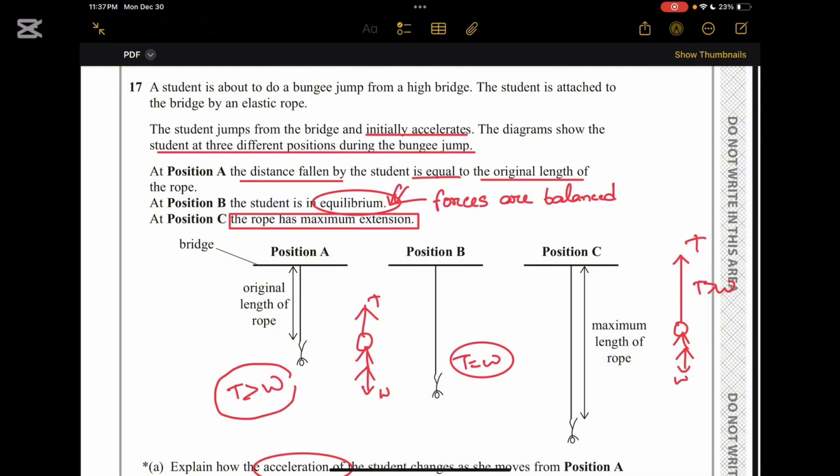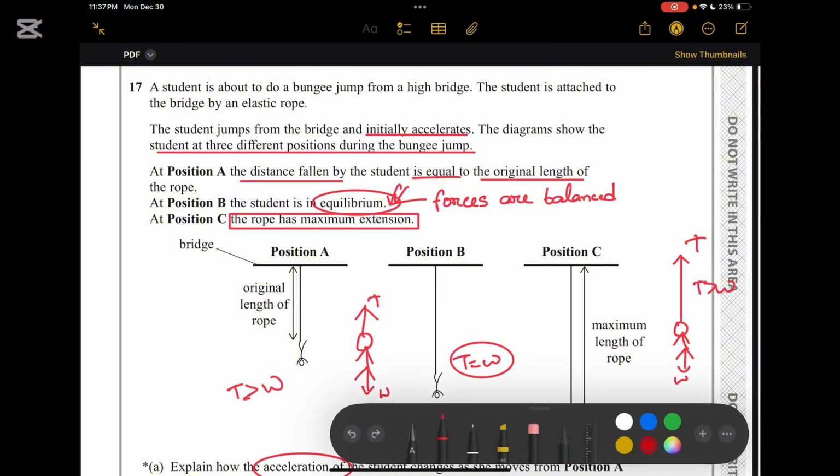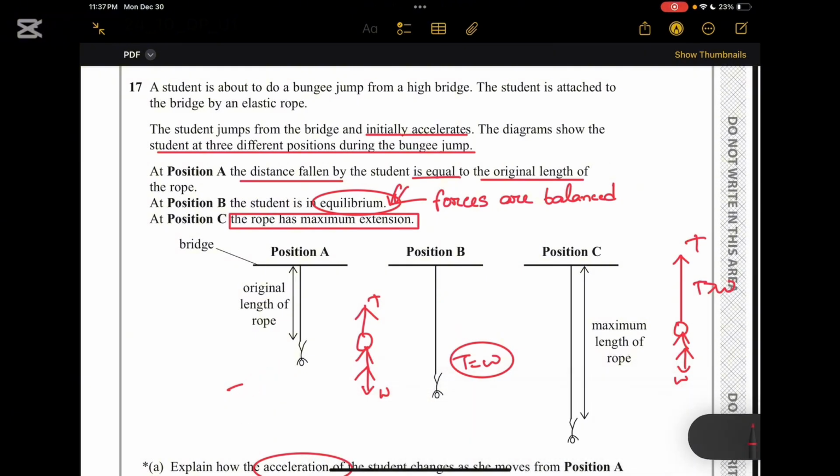Sorry, my bad. The weight is greater than the tension, because as he hasn't exceeded the original length of the rope, the tension is less than the weight. So our weight is greater than the tension till right here. So for this question we can write, let's go downward.